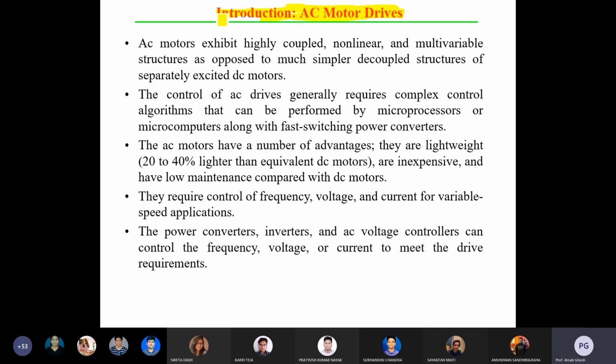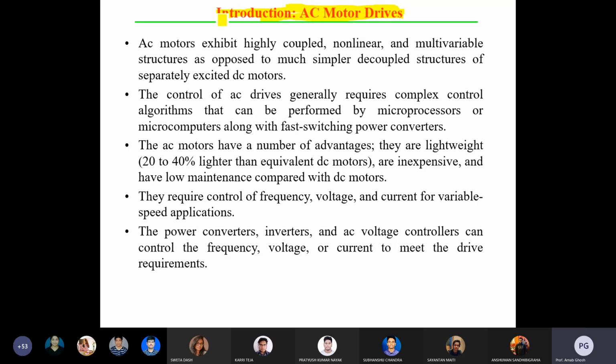In vector control mode, there are different types of transformations, such as dq axis transformation. So the motor may be an AC motor, but the working principle is based on the DC motor scheme.